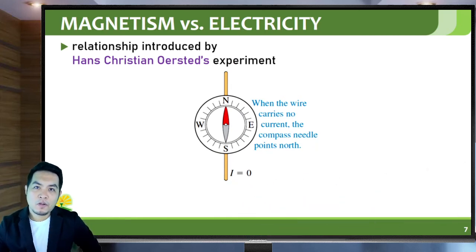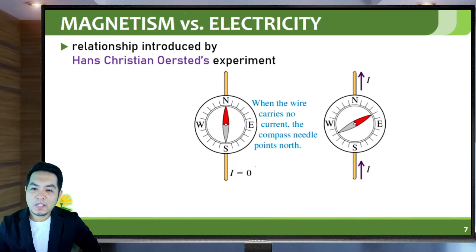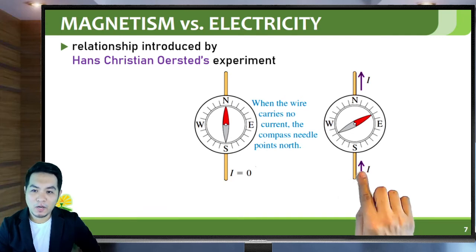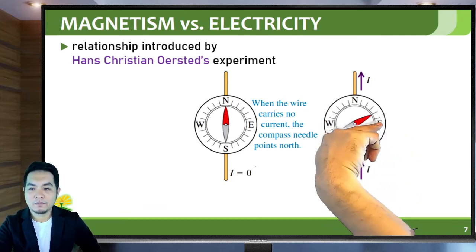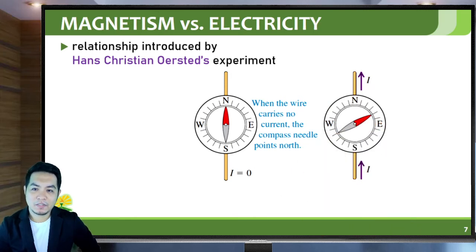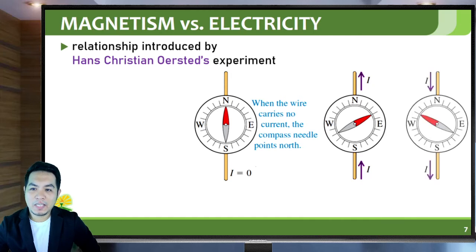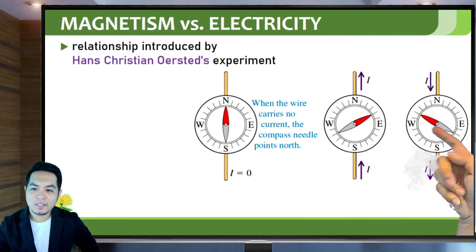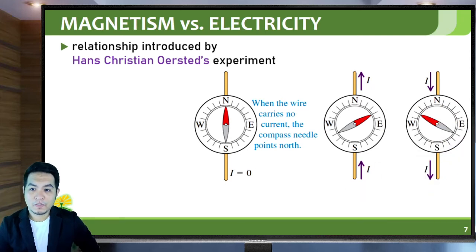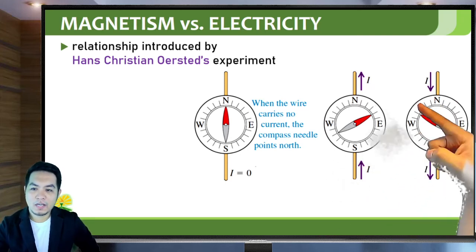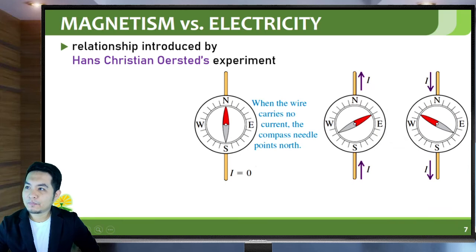Now, what's amazing is when he passes a current through the conducting wire, the compass needle is deflected northeast. And what's more amazing is that when he reversed the direction of the current, the deflection of the needle also reversed. It's now in the northwest direction.